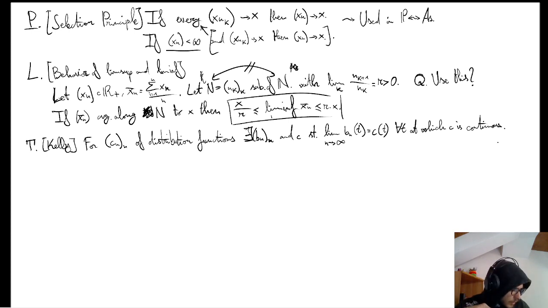I don't know. Now, one remark about the previous lemma is that it gives an idea about the fluctuations of a sequence of averages in terms of the subsequence nk and the limit x.